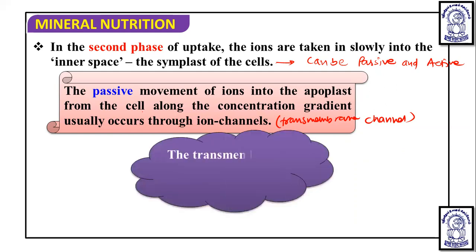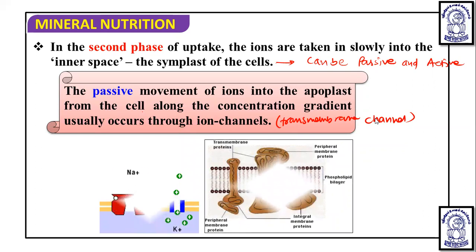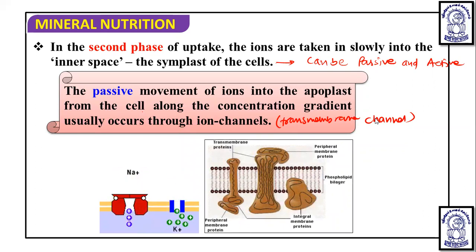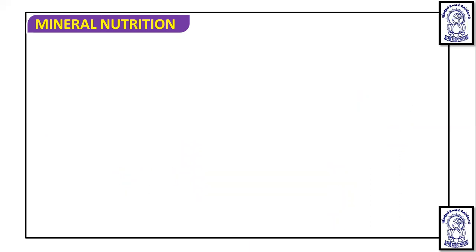The transmembrane proteins function as selective pores, so it is a selective process, and particular ions are taken up and taken out. The proteins present in the membrane also play a role in active uptake, and here ATP is required for the functionality of the pump.